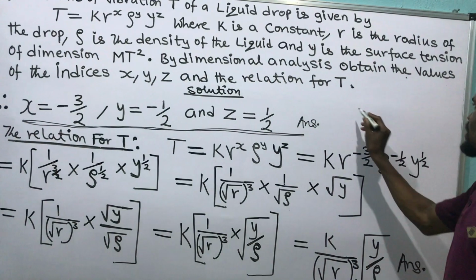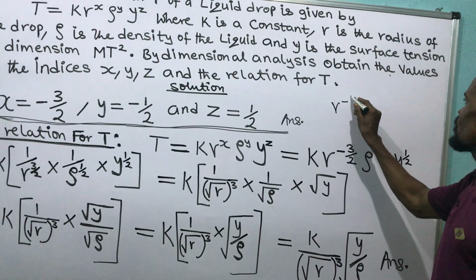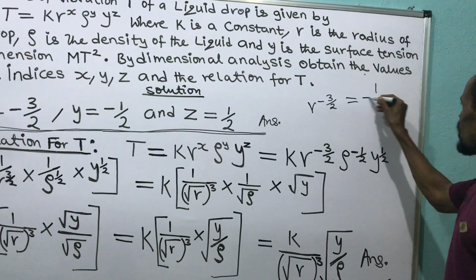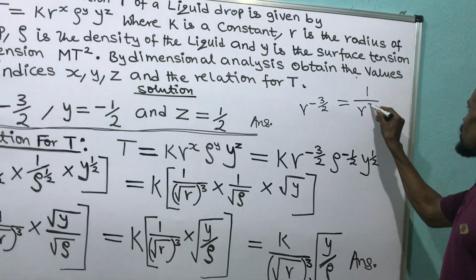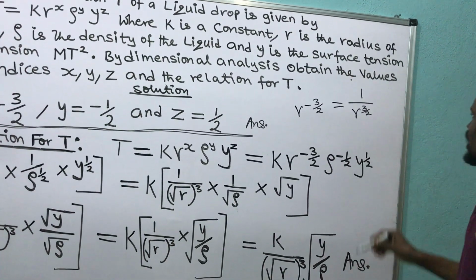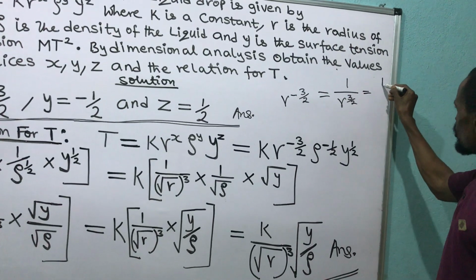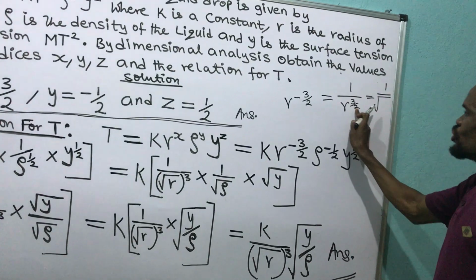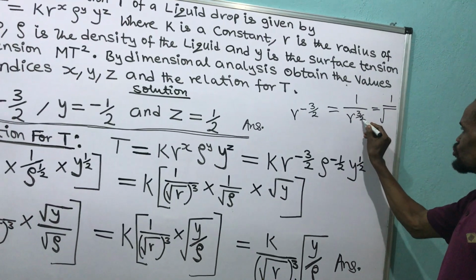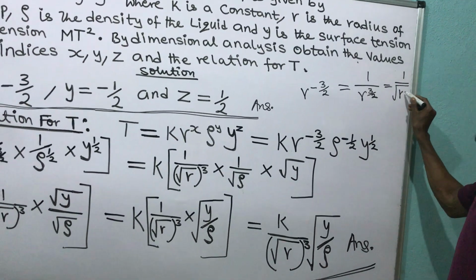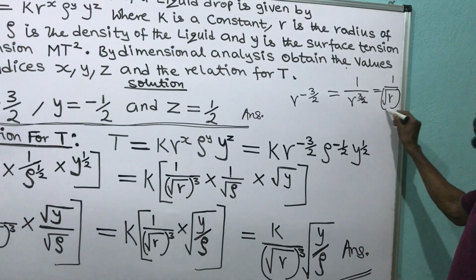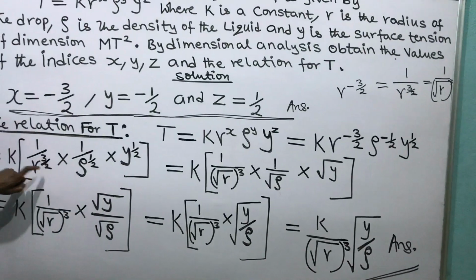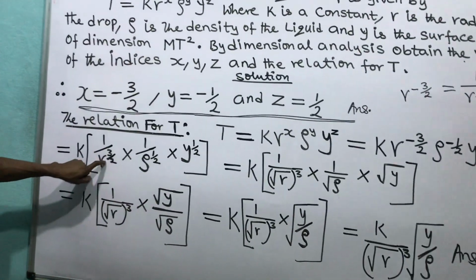That means that r raised to power minus 3 over 2 can be written as 1 all over r raised to power 3 over 2, and it can be written as 1 all over the roots. This root stands for 2, and it will be root r, all raised to power 3. And that's what you see here.